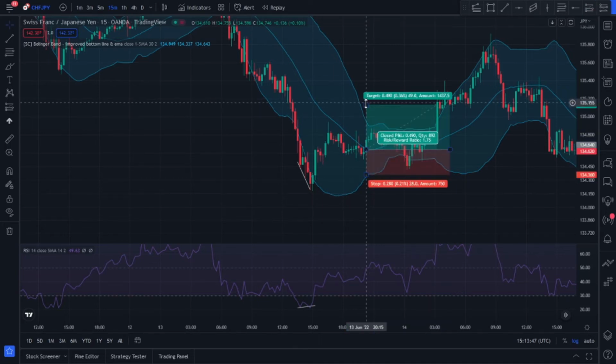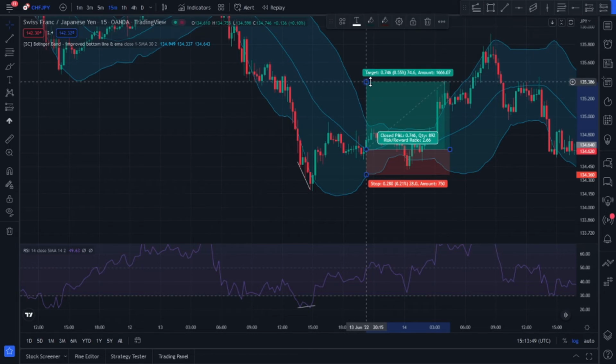In this situation, the price moved up and the indicator went down.